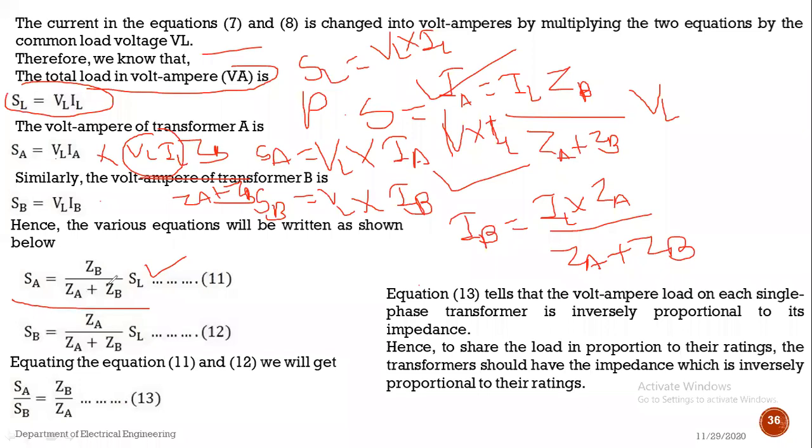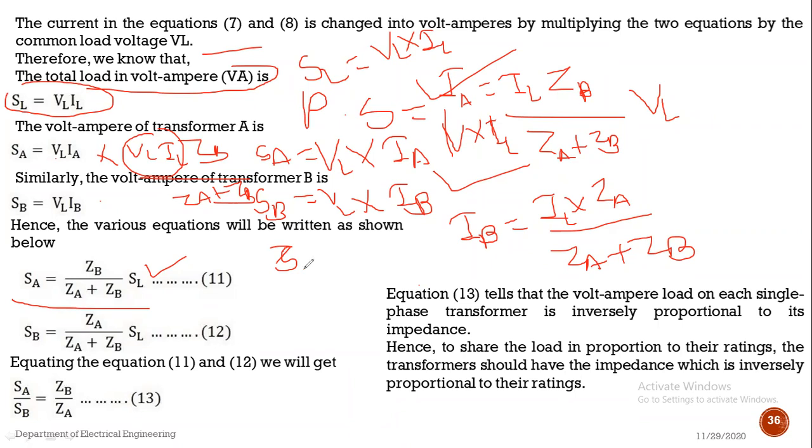Now if we equate these two equations, या दोन्ही इक्वेशन जर आपण इक्वेट केले, for same kVA rating, सेम केव्हीए रेटिंग साठी. So we are dividing equation 11 by equation 12. Equation 11 ला equation 12 ने काय केलं, डिवाइड केलं.